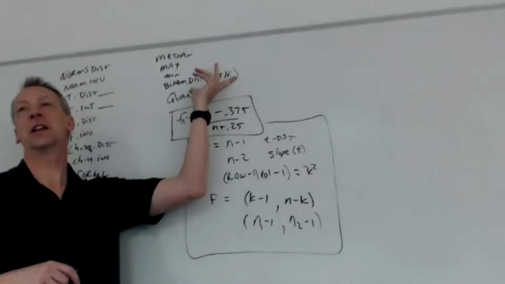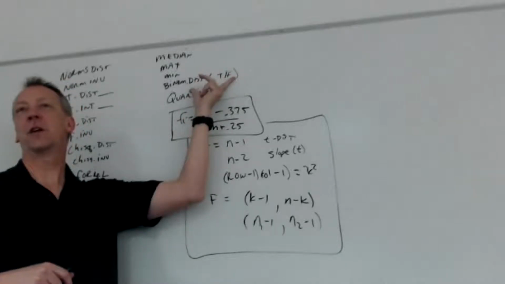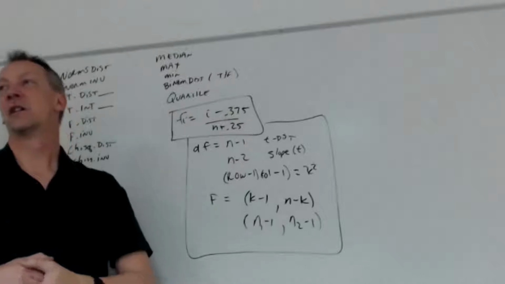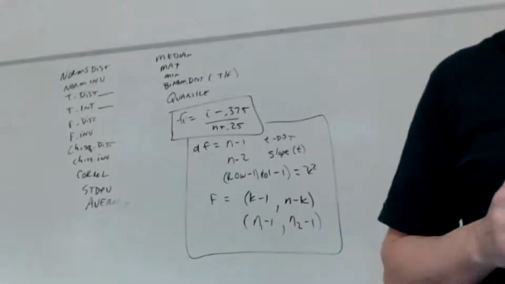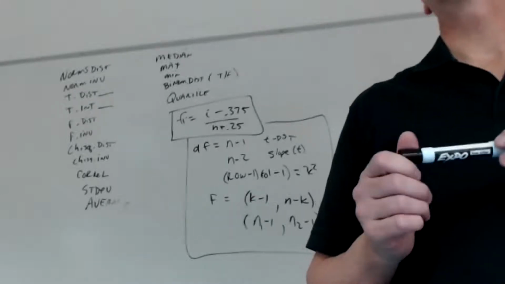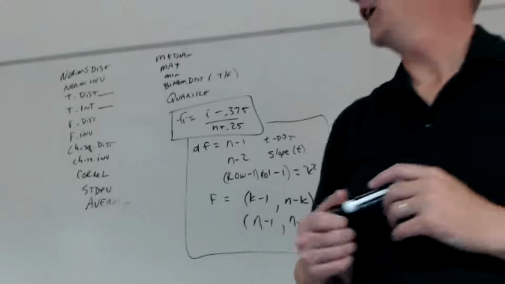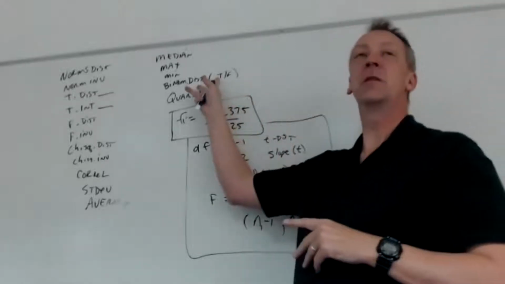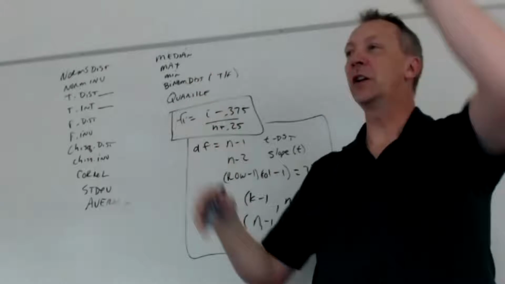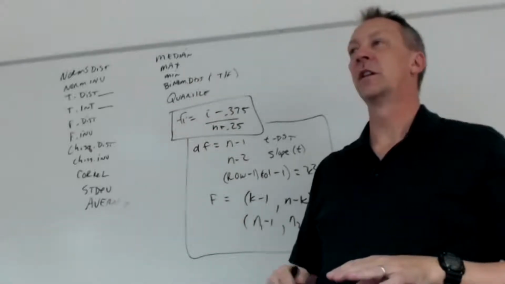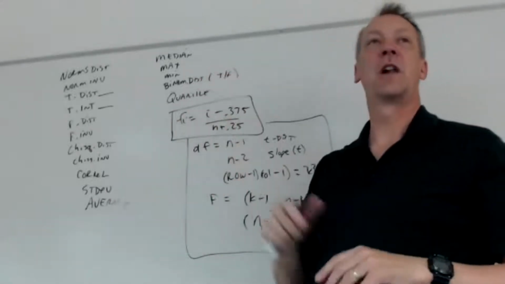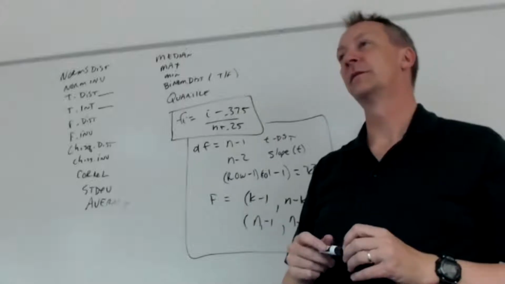So that brings up a good question. If I ask you to create a histogram for binomial data, and you wanted to use this command, would you use true or false for the table? False.